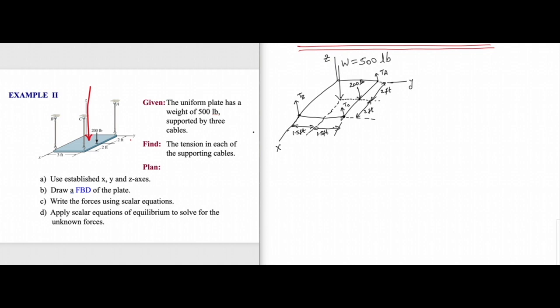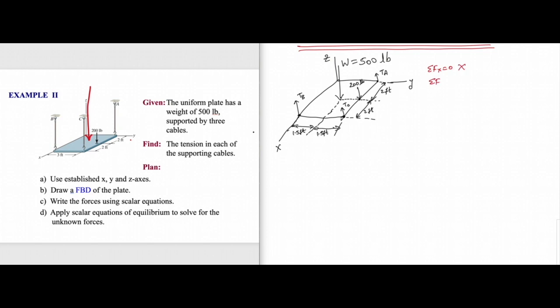So in this problem, can you apply sigma Fx equal to 0? Though this is true, there is no force along x-axis. Every force is along z-axis, either positive z or negative z. So this equation is not useful.